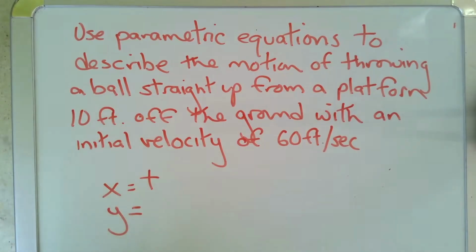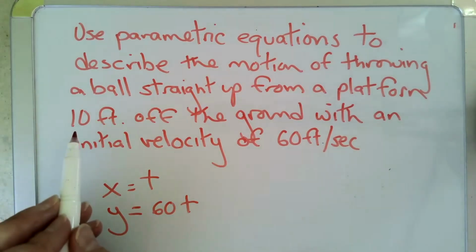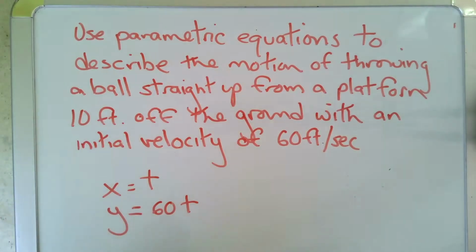But our y equation for describing how high it is off the ground at any given point t, well, we know that distance is rate times time. So we would say 60t, 60 feet per second times t seconds. And we know that we started 10 feet off the ground. And here's the kicker. We're not operating in a vacuum.